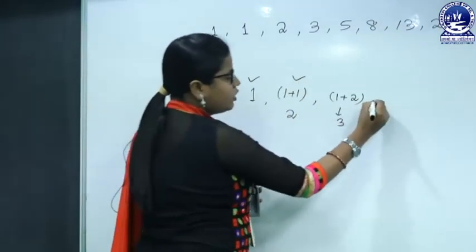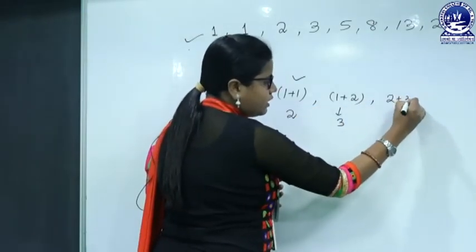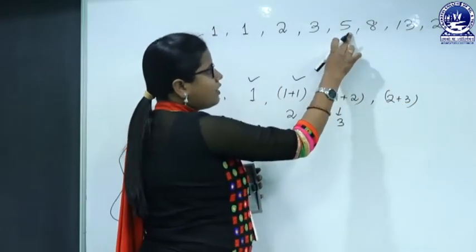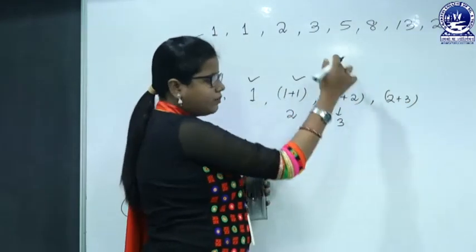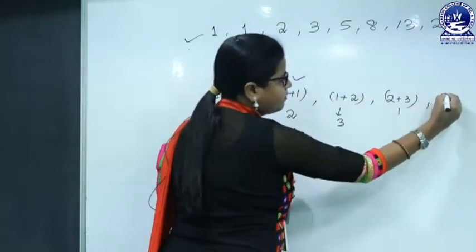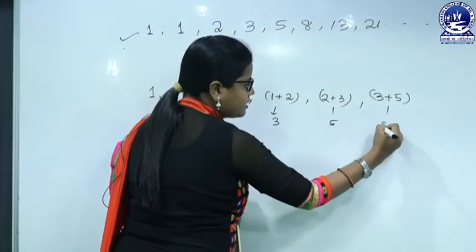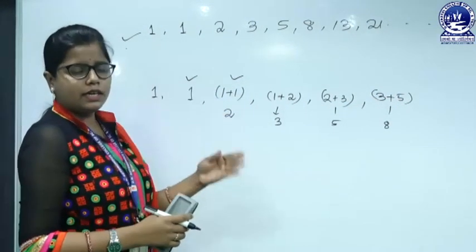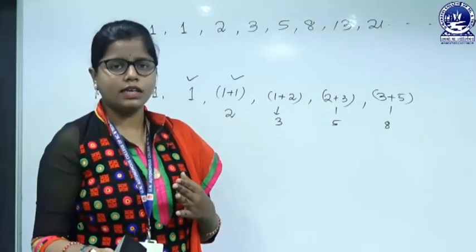Next for 5 we will add this one and this one. So 2 plus 3, here is the 5. Like this we can find 8 as 3 plus 5. By continuing this, by adding the two previous terms, we get the next term.